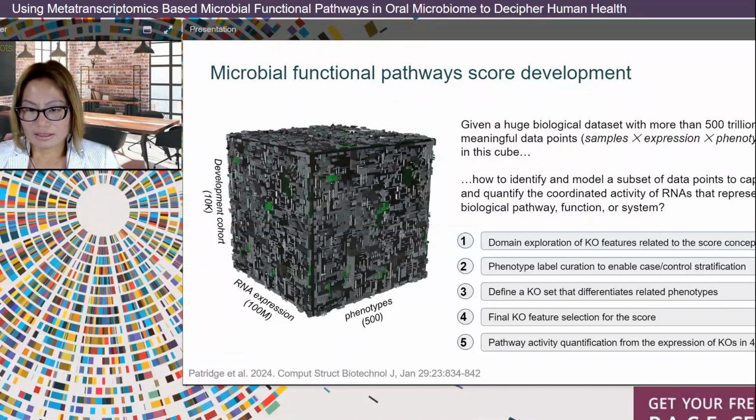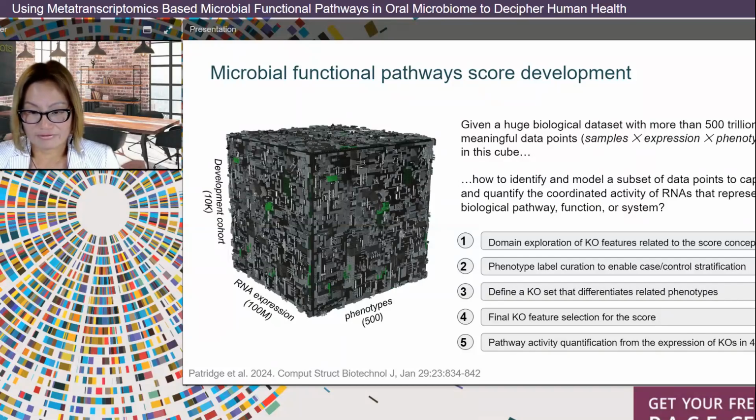This is our development cohort, and we have about 10,000 here. And then there's the phenotype labels. It's about 500. They include demographic information, lifestyle data, health issues, any diseases the person may have, the drugs they may be taking, and a clinically validated questionnaire if qualified.